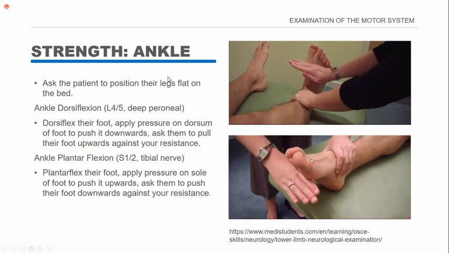And to check for plantar flexion, you ask them to push with their feet downward, and your pressure is in an upward direction. Here your pressure is in a downward direction. So every time, for the muscle you are checking, you apply your pressure against the normal action of that muscle. Your pressure should be opposite to the normal action of the muscles.